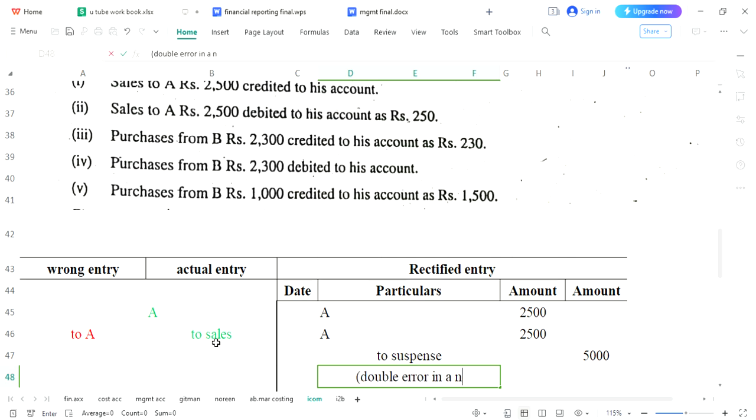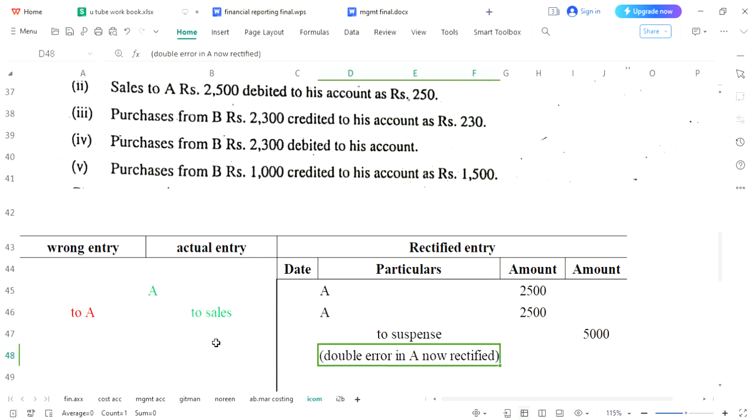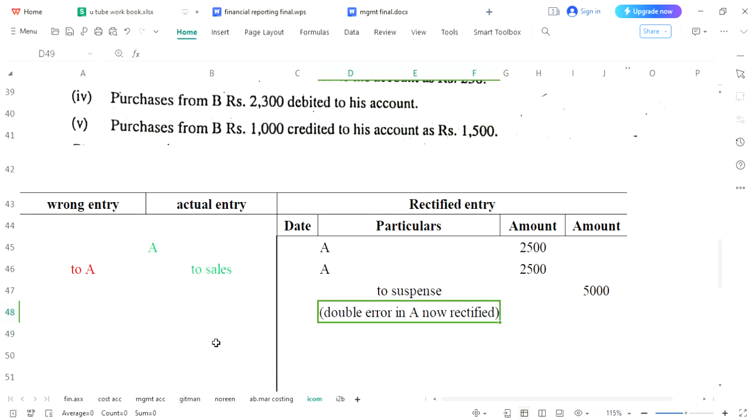Double error in A is now rectified. A we are going to write over here. So in this way our entry has been completed.